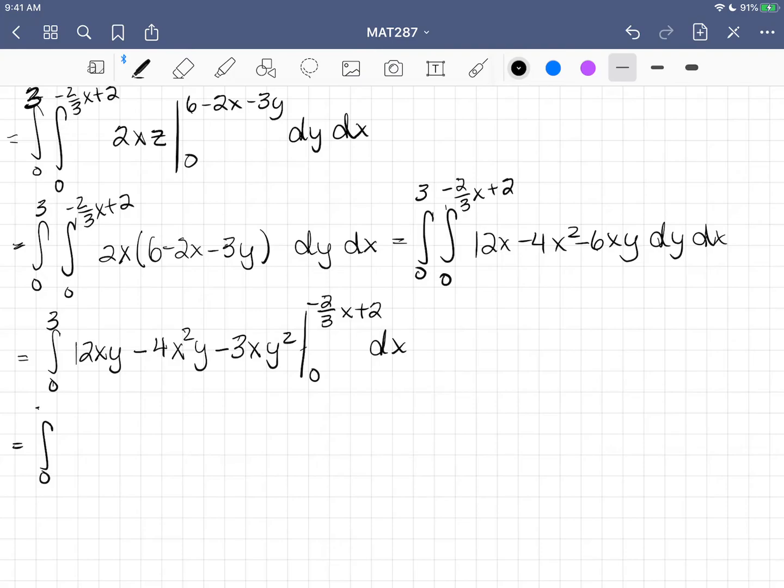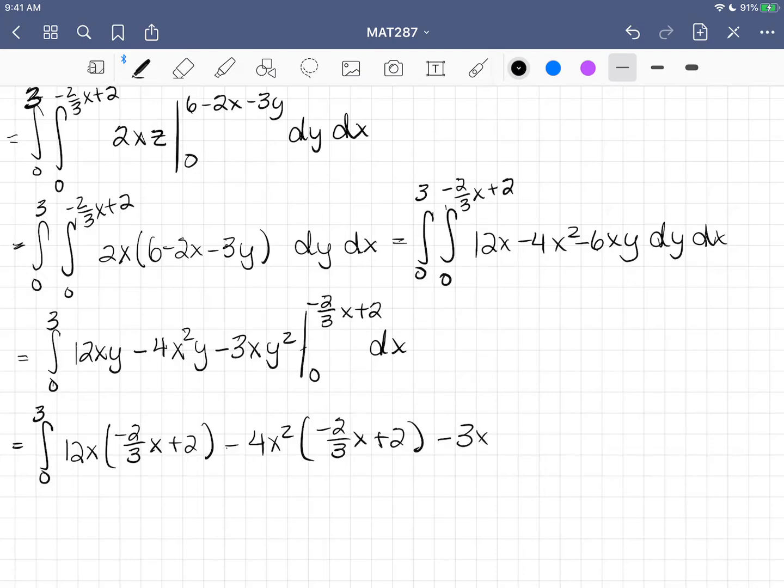Now let's plug in for y. I get 12x times negative 2/3 x plus 2, minus 4x squared times negative 2/3 x plus 2, minus 3x times the quantity negative 2/3 x plus 2 squared, dx.